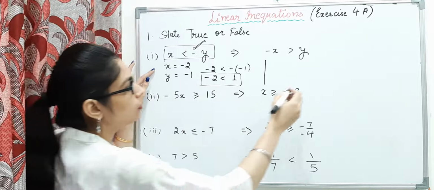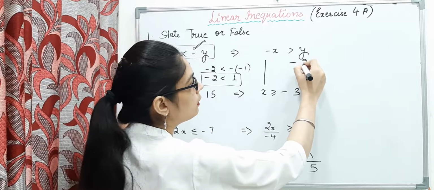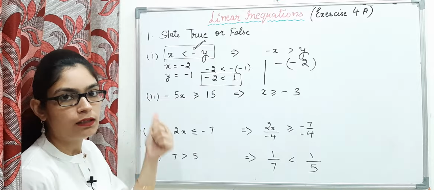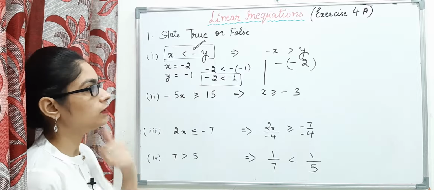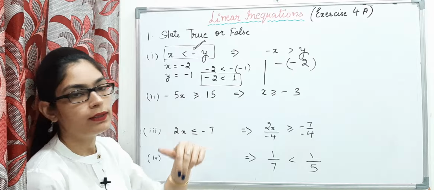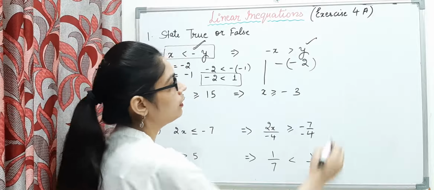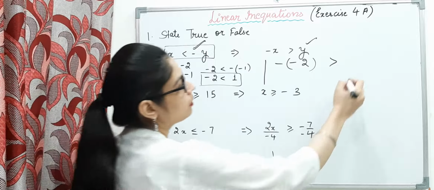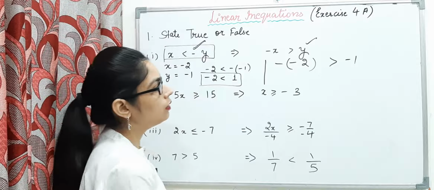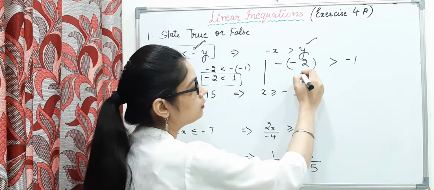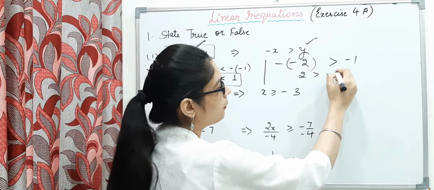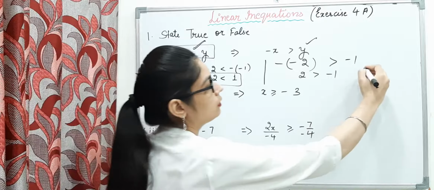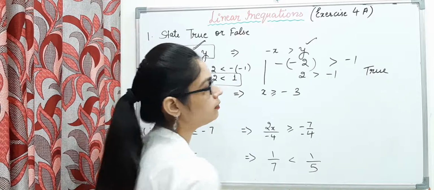The value of x which I have assumed is minus 2, and one minus is already there. Now I am substituting here. Is greater than, what's the value of y? Minus 1. So minus and minus is plus, so 2 is greater than minus 1. This is also true. So this first expression is true.